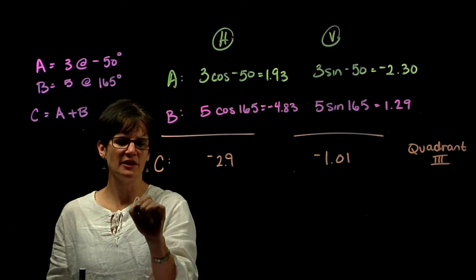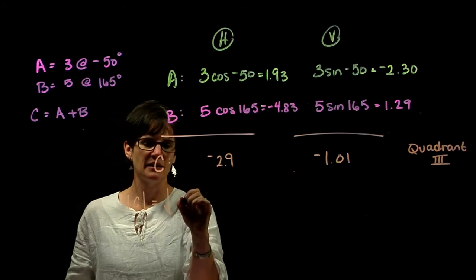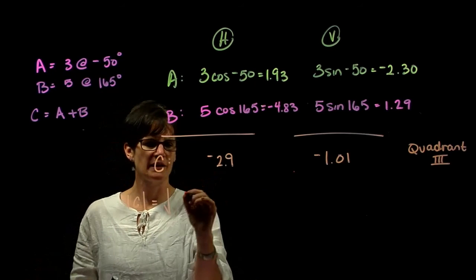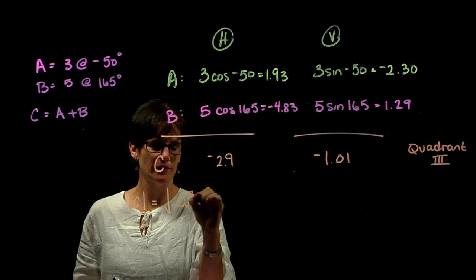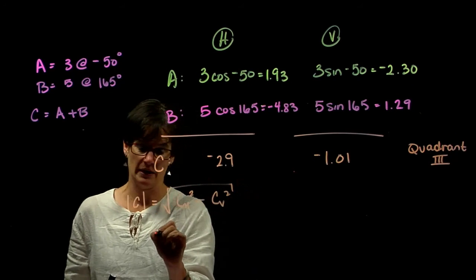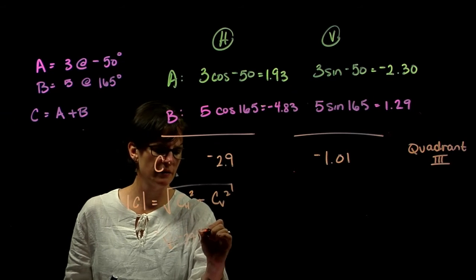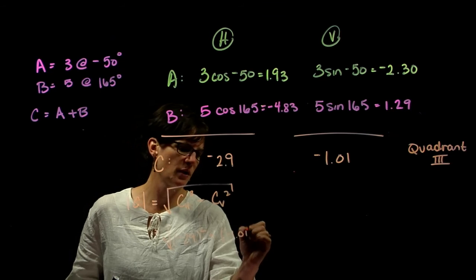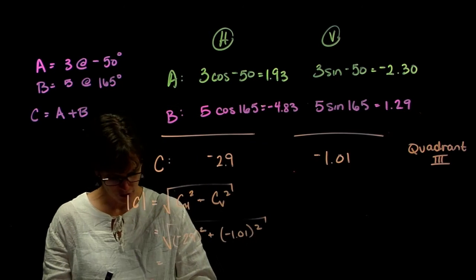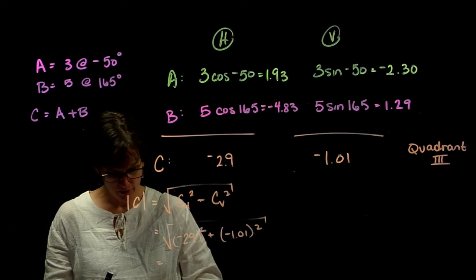All right, so the magnitude of C, the magnitude value, the size, the length only, is the horizontal component of C squared plus the vertical component of C squared, and I'll take the square root. So we have the square root of negative 2.9 squared plus negative 1.01 squared.